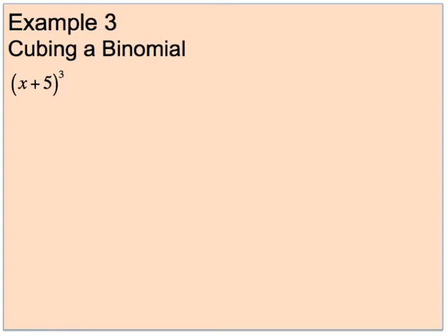And finally, we get to example 3, which is cubing a binomial. So this is kind of a two-step process. The first thing that I'm going to do is separate this. I'm going to write this as x plus 5 times x plus 5 squared.